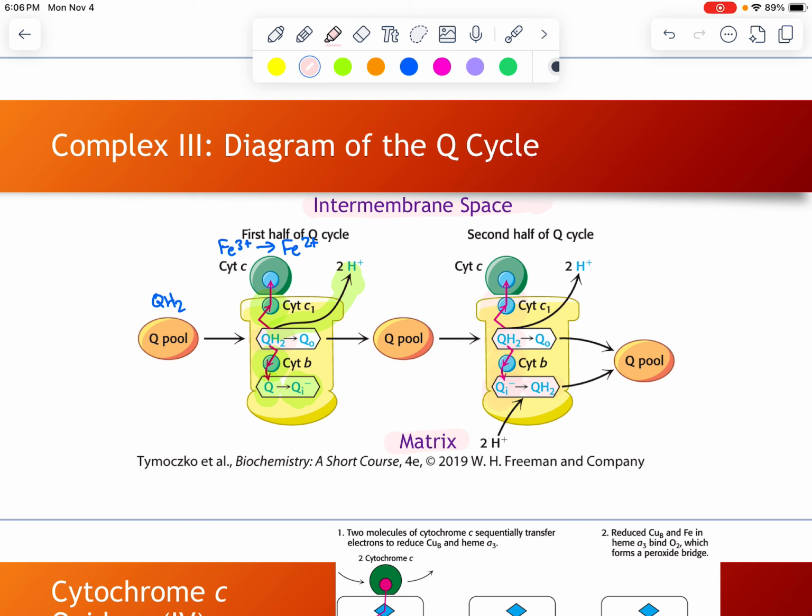Notice that we can lower the proton concentration in the matrix two ways. One is by pumping protons out to the other side, and the other way is essentially bonding them in some other molecule. Both ways will increase the gradient.